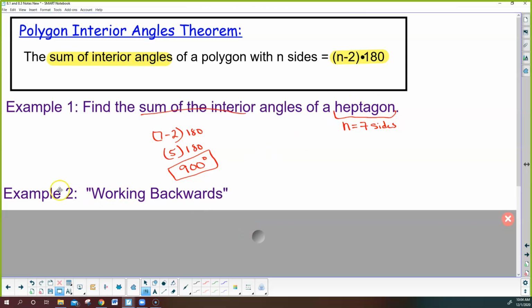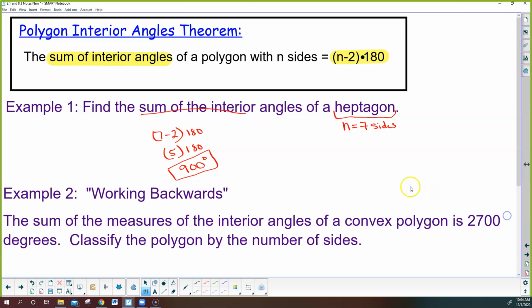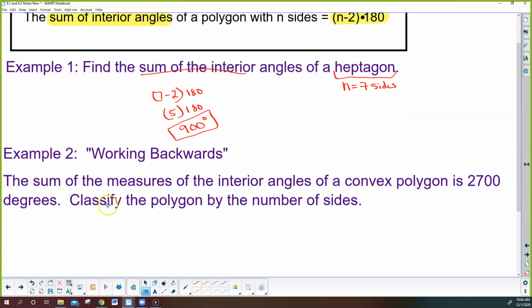All right, what about this example? And even before I reveal it, I titled it Working Backwards. So you can probably guess what we're going to do. We're going to give you the 900, and then you have to work backwards to figure out how many sides there are. But in this case, let's look at this one, right?